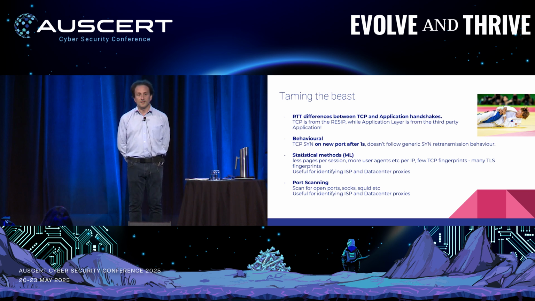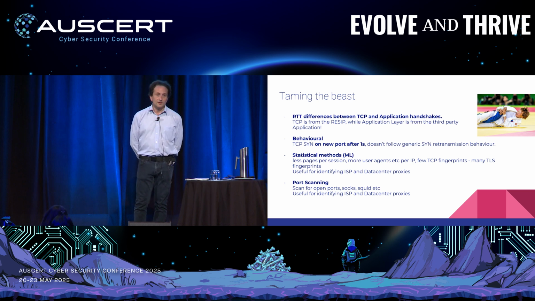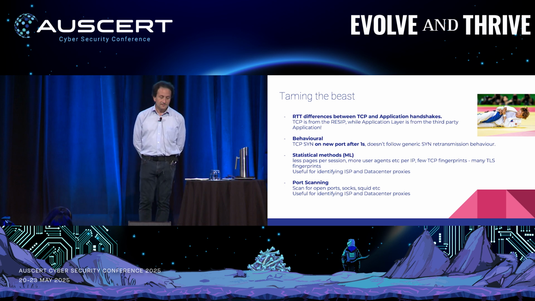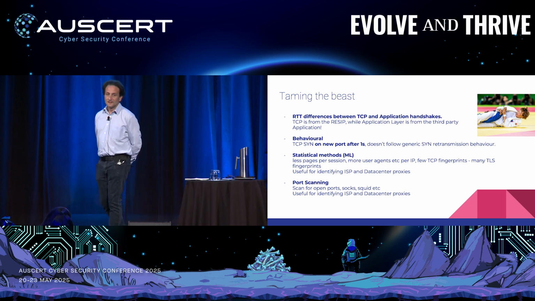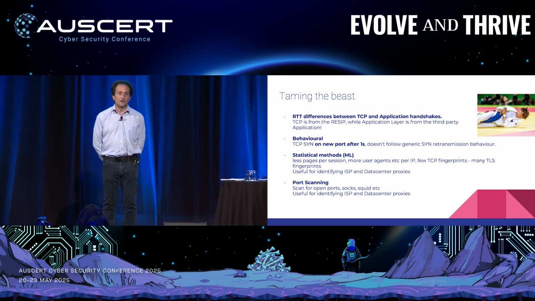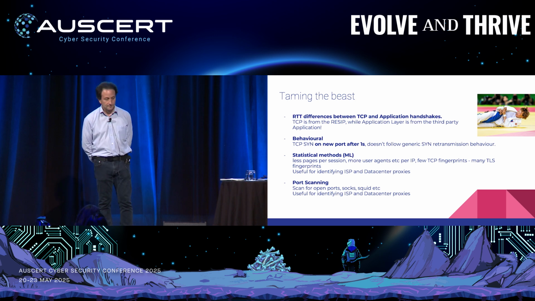So you can use this to bring up a list of suspect ISP residential proxies and use that to inform your defence. And lastly, port scanning is still a semi-viable method, and by doing mass IP scanning over common ports, you may be able to find SOCKS proxies. If you use something like Netlas or something like that, you could bring up a list that way.